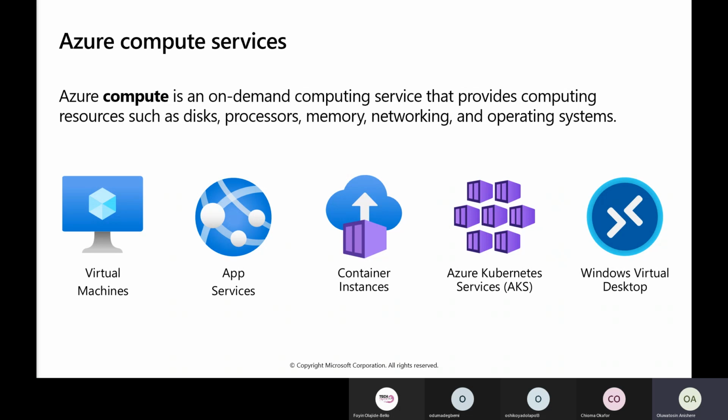We also have Container Instance. Now, the Container Instance here is also synonymous to a PaaS service. So these are resources within Azure that we refer to as lightweight, virtualized applications.